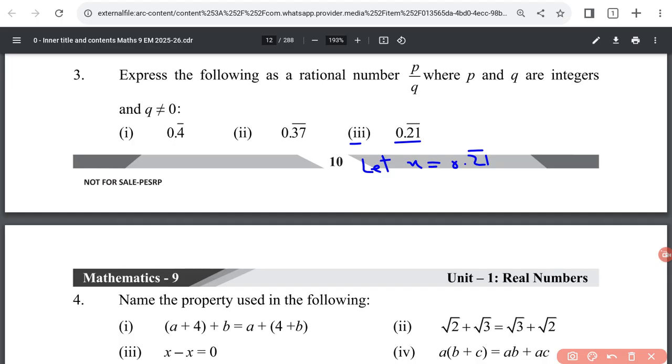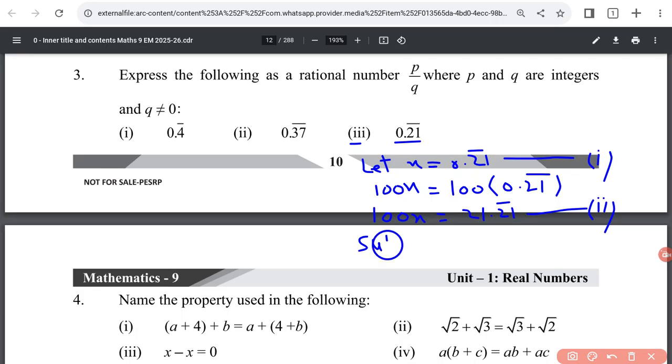We multiply both sides by 100, so it will become 100x is equal to 100 into 0.21 bar. 100x is equal to 21.21 bar. Equation 1, equation 2. Subtract 1 from 2.